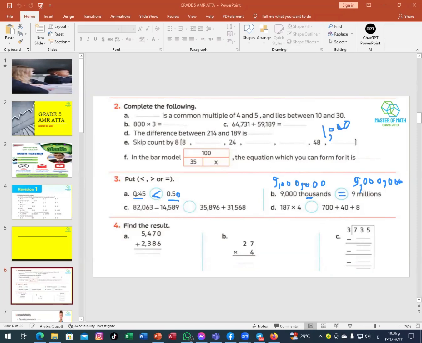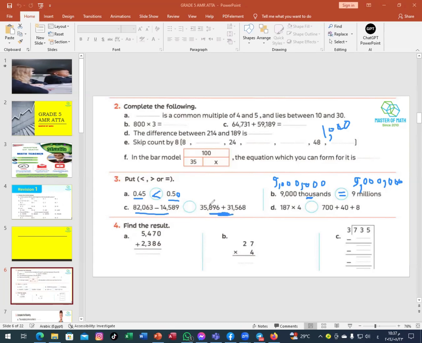Okay. When we subtract 82,063 minus 14,589, to check the value I make an addition problem.